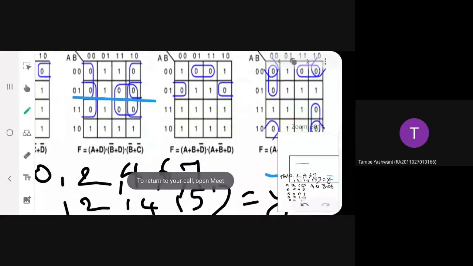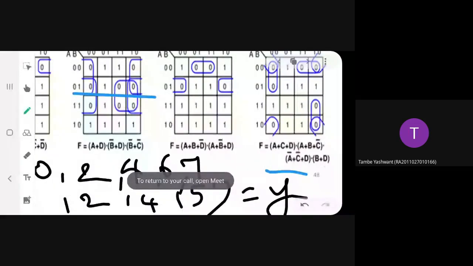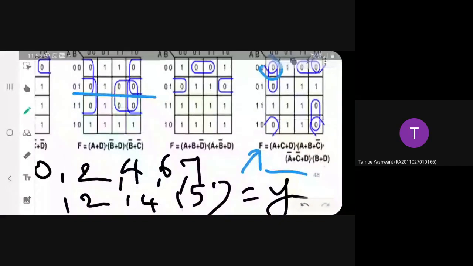See, you are able to see how they have mapped them? Yes or no? This last one. Yes, ma'am. Like that you have to group, okay? So these corner zeros are all mapped. Yes, ma'am. Got it. With this shall we discuss? Yes, ma'am. Thank you very much, ma'am.